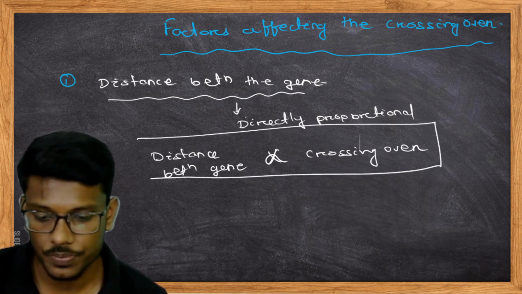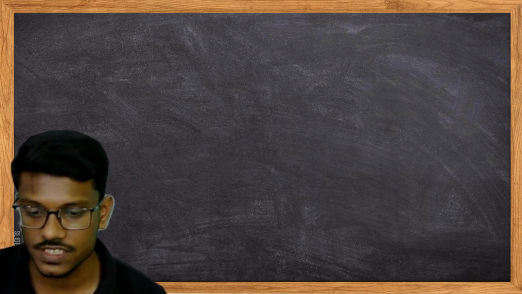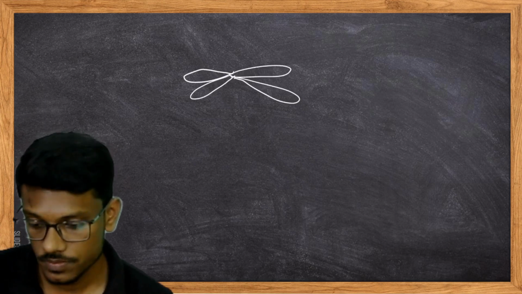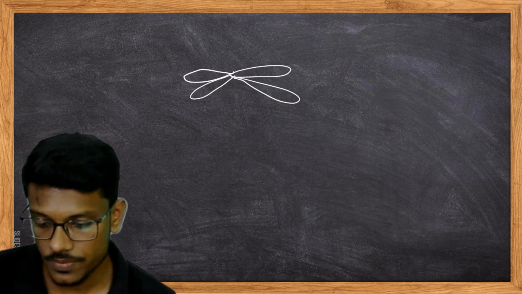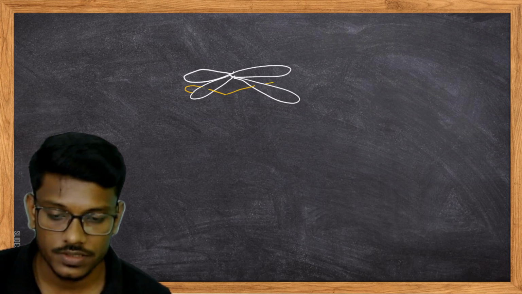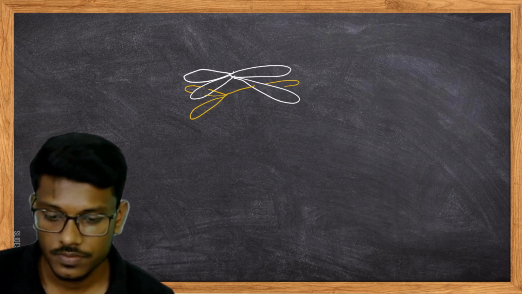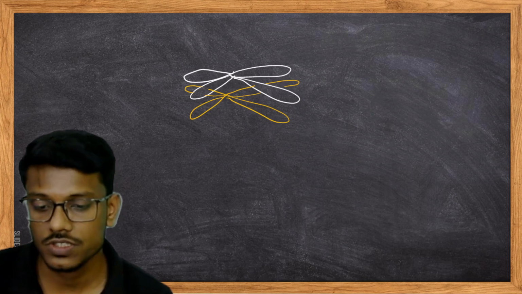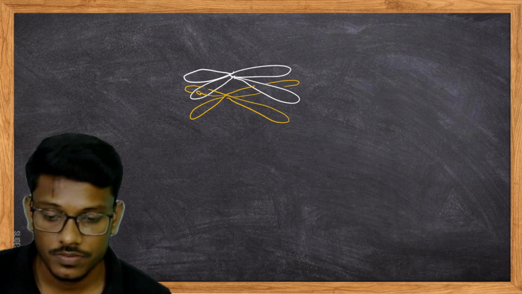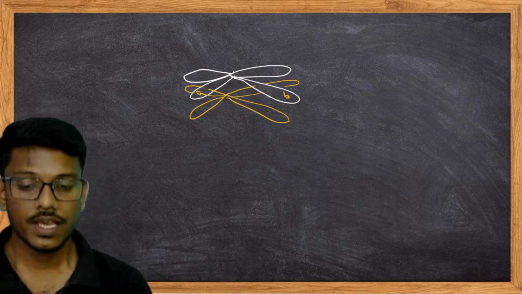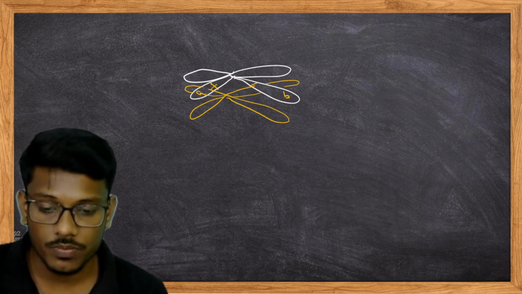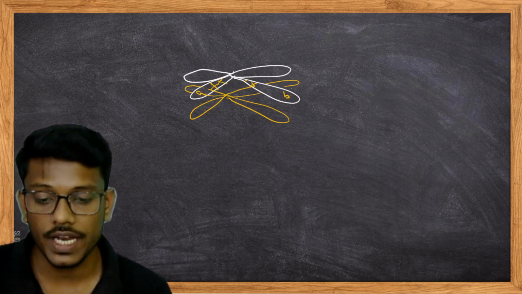If you see two genes of the homologous chromosomes, and they are separated by more distance, suppose gene A and here gene B, present at a distance, then they have chances of crossing over at this point, at this point, at this point.